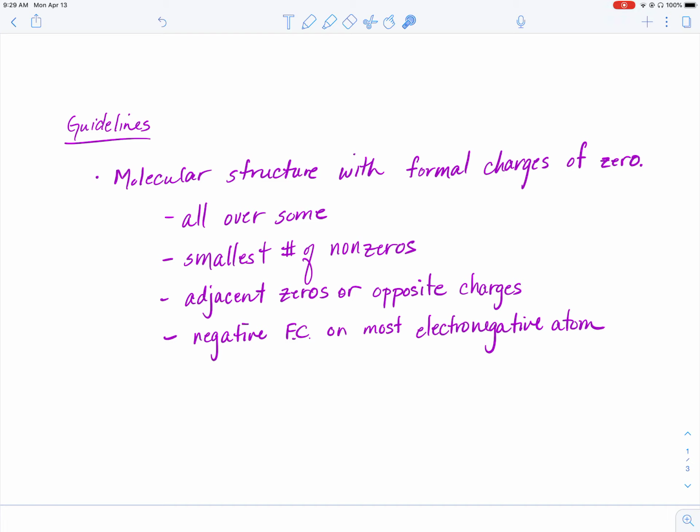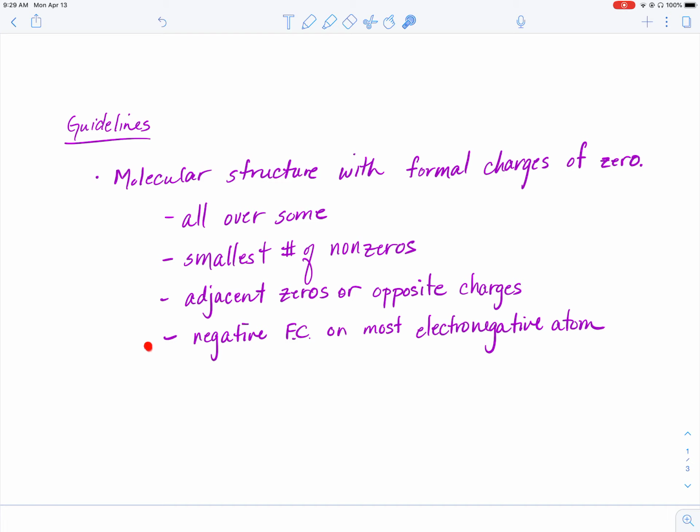I've taken the guidelines that were written in your textbook and tried to put them in a way that makes them a little bit easier to follow. Essentially, a molecular structure with a formal charge of 0 needs to have some of the following ideas behind it.